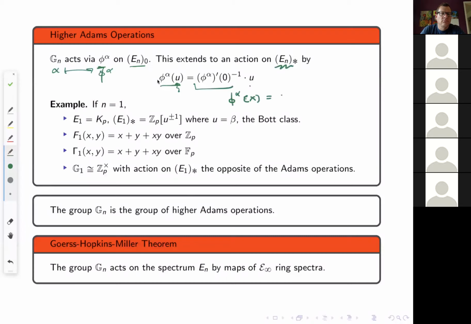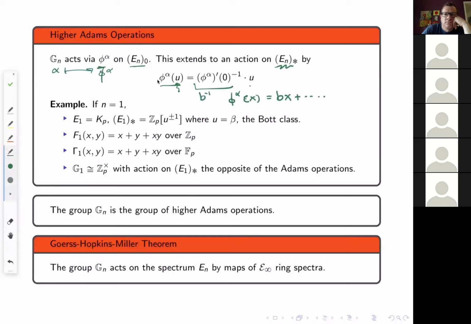So it's going to start with some coefficient B, X plus higher order terms, and this whole thing here is B minus 1. Okay, all right, so you extend it to En star.